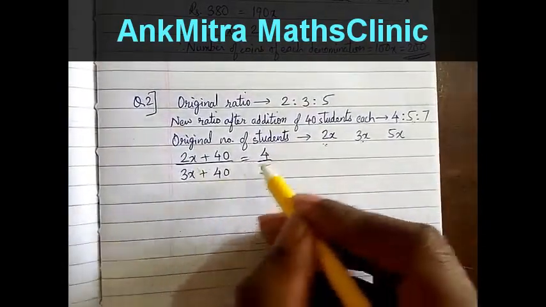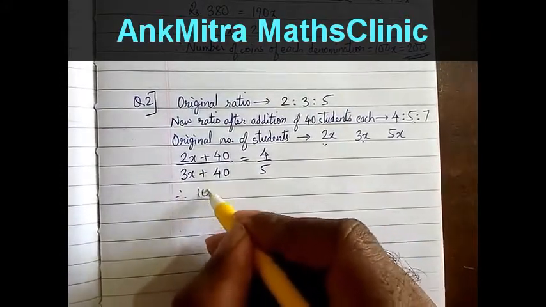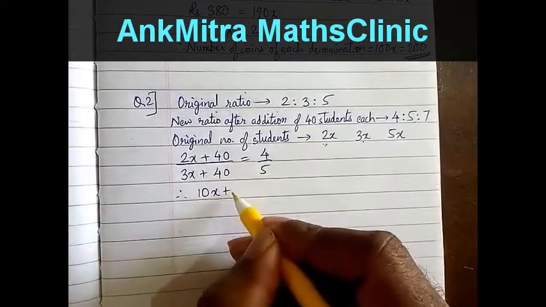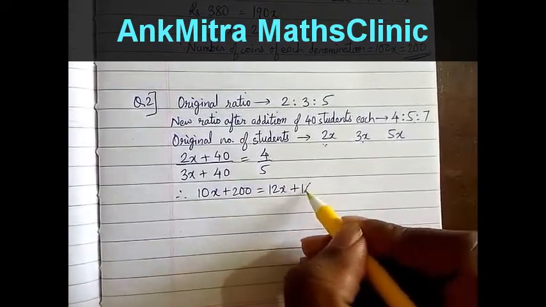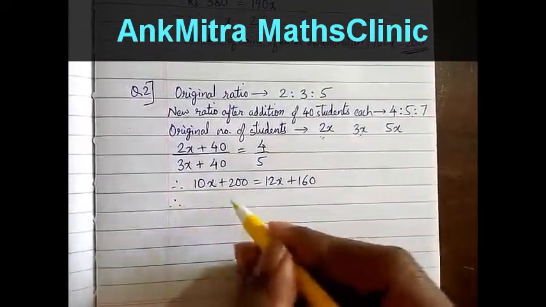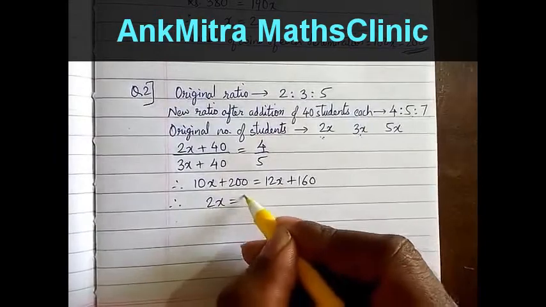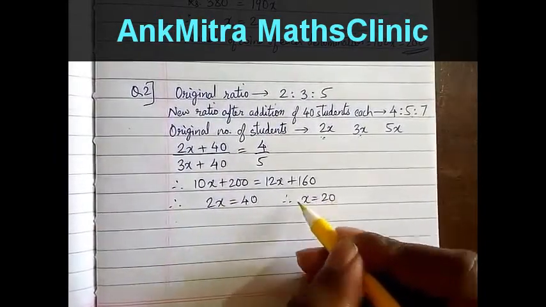So simplifying this, that is cross multiplying, we get 10x plus 200 is equal to 12x plus 160. Okay, so simplifying this, we get 2x is equal to 40, therefore x is equal to 20.